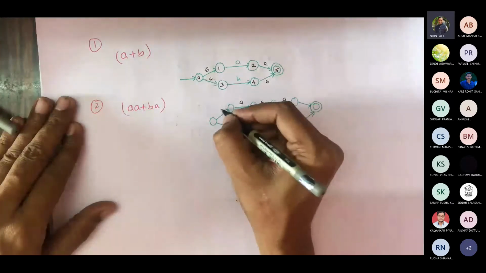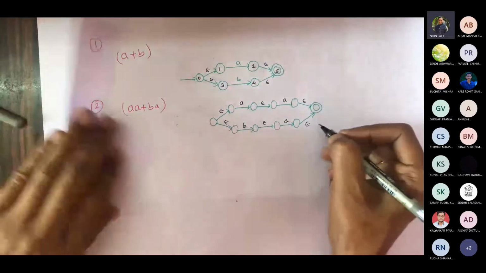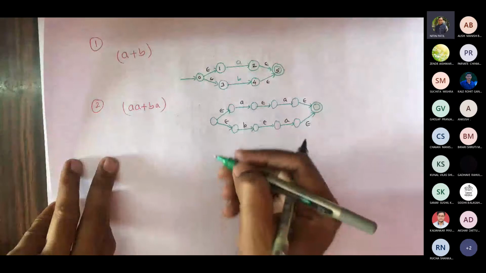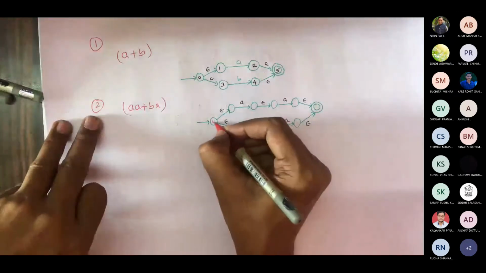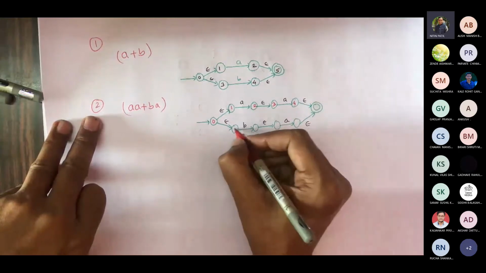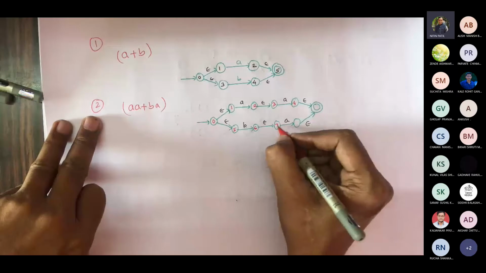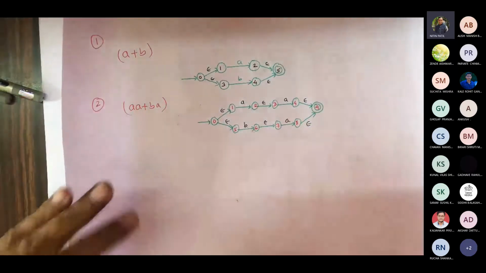They are to be labeled epsilon, epsilon, epsilon, epsilon. This would be your initial. Now we have to number them: 0, 1, 2, 3, 4, 5, 6, 7, 8, 9. Is that fine?